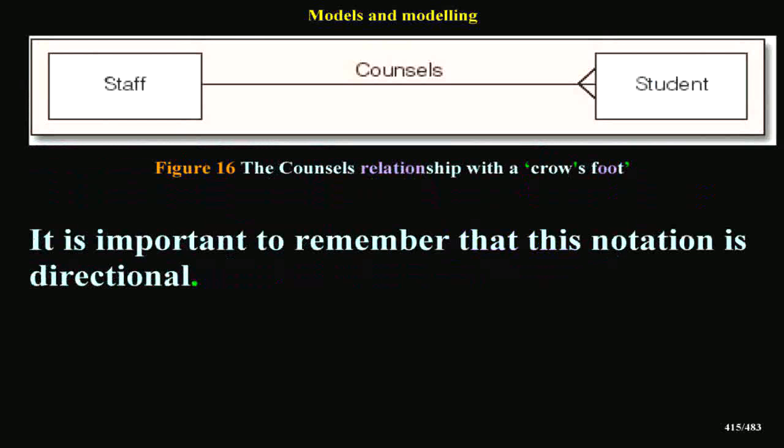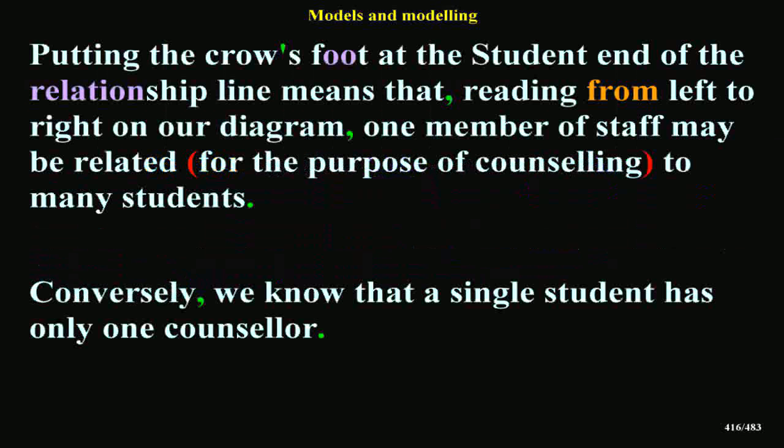It is important to remember that this notation is directional. Putting the crow's foot at the student end of the relationship line means that, reading from left to right on our diagram, one member of staff may be related for the purpose of counseling to many students.